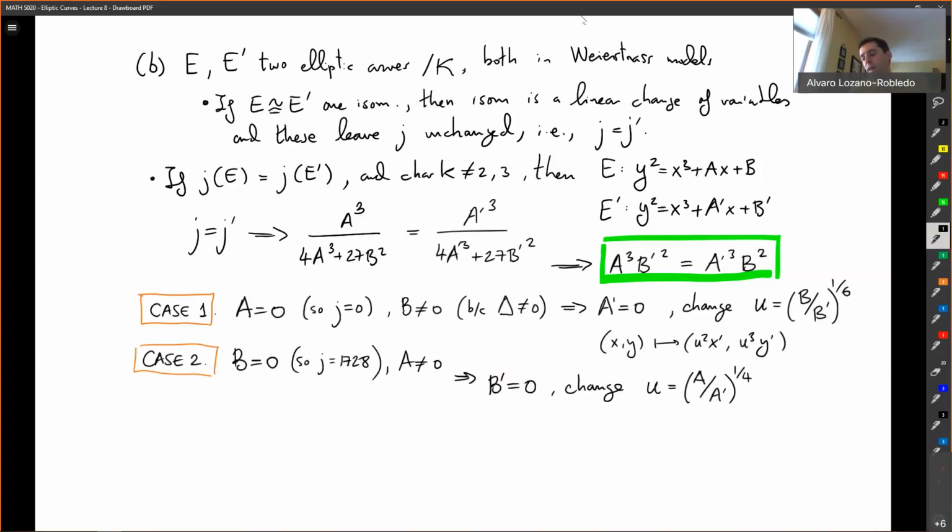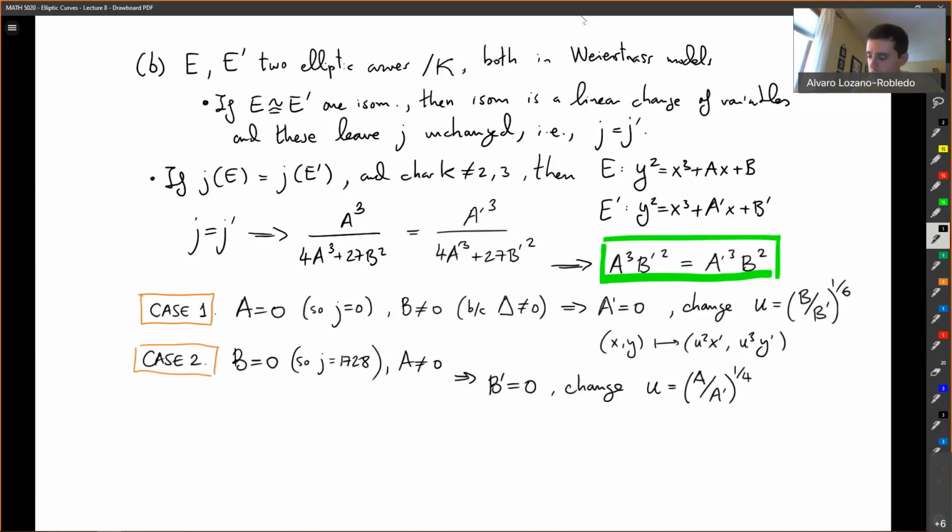Remember that these short change of variables would change y squared equals x cubed plus ax plus b. It would change it to y squared equals x cubed plus a over u to the 4th x plus b over u to the 6th. So when you change like this, then it will replace a by a prime, and you get an isomorphism of the two elliptic curves.